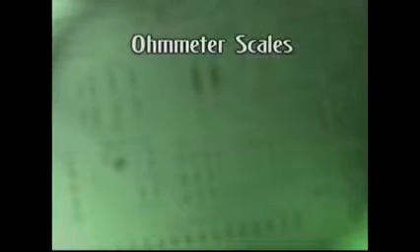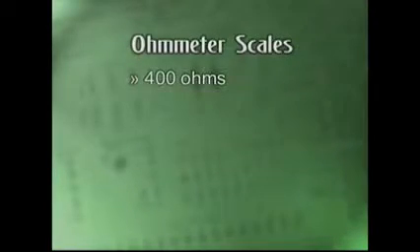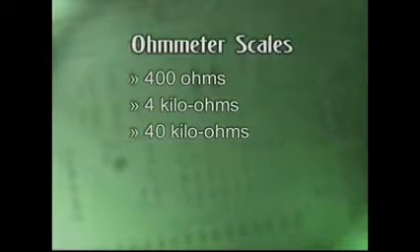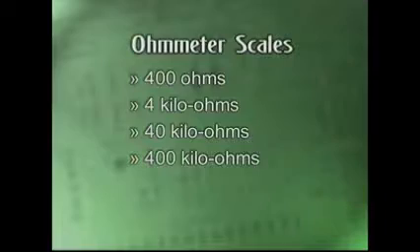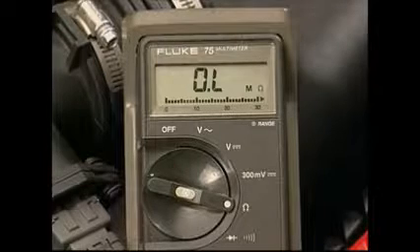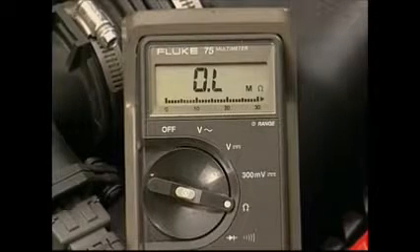Setting the range of ohms is critical to understanding the readings on the display. The range of values on the Fluke 88 that can be selected manually are 400 ohms, 4 kilo ohms, 40 kilo ohms, 400 kilo ohms, 4 mega ohms, and 40 mega ohms. Each of the manual ranges represents the highest value that can be measured in that range.